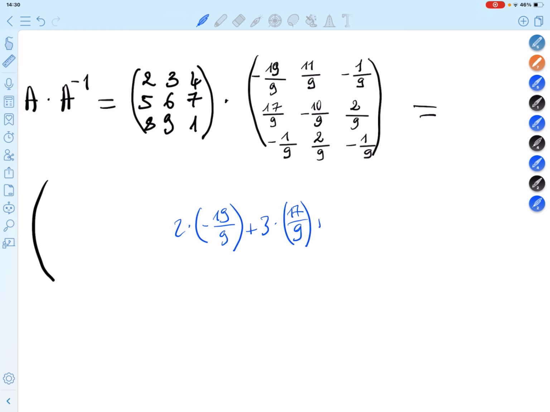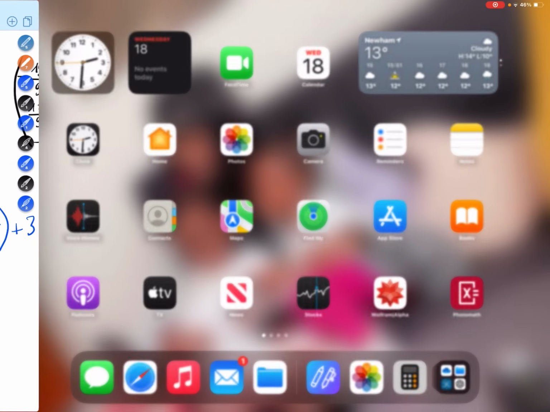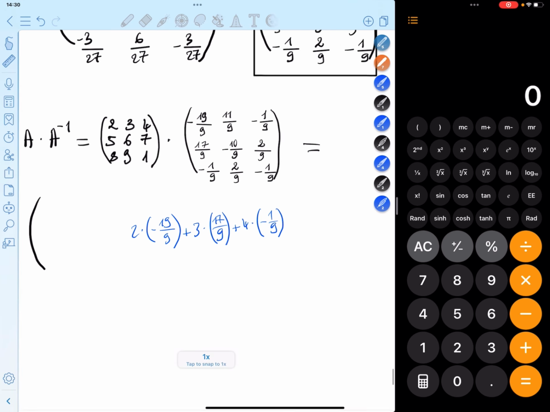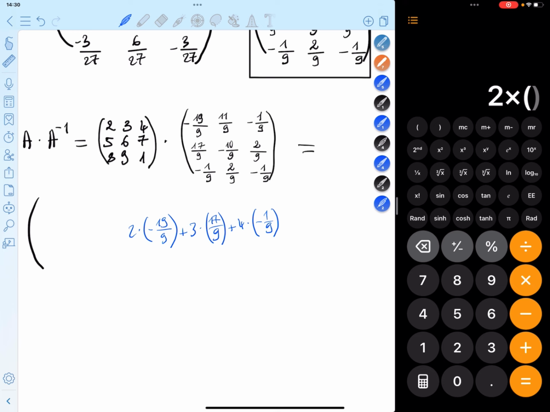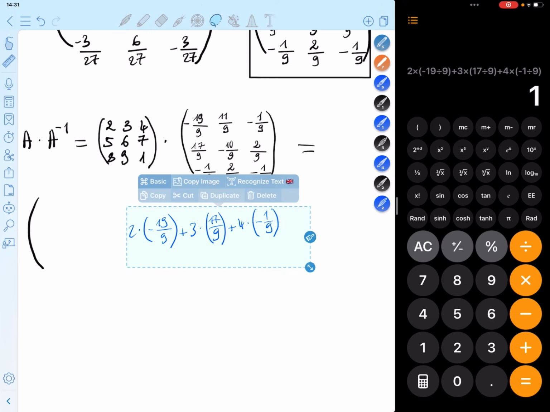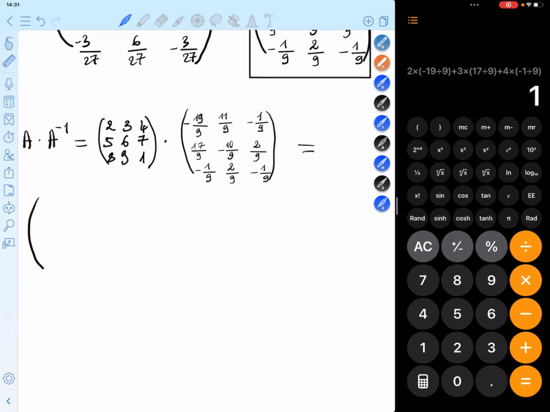Then plus 4 times minus 1 over 9. If we use the calculator to be quicker, because we are expecting to get 1, that gives us 1 as we expected. So the first row, first column is 1.